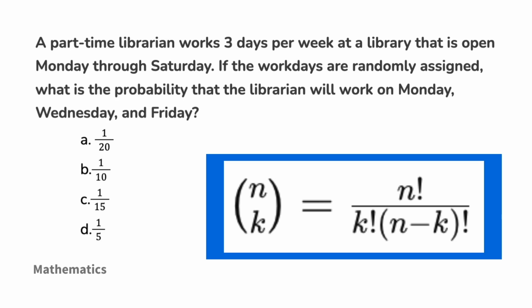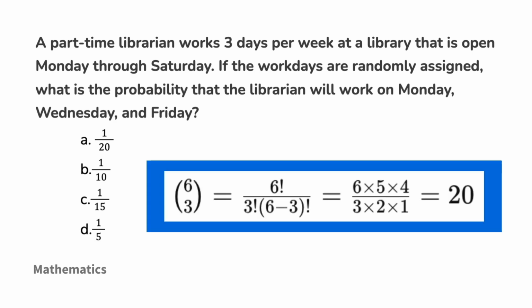So in this case, n is the total number of items to choose from, and k will be the number of items to choose. So plugging these numbers into the formula, you'll see that we get a number of 20, which means that there are 20 different ways the librarian can be scheduled to work any 3 days out of 6.